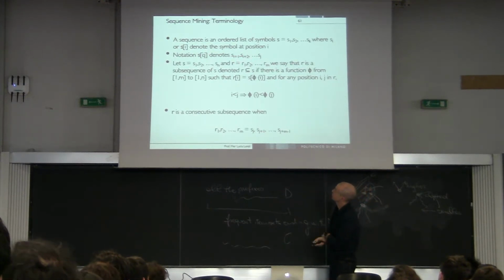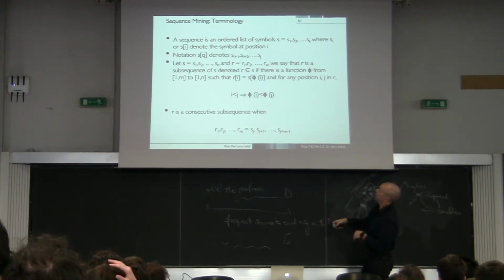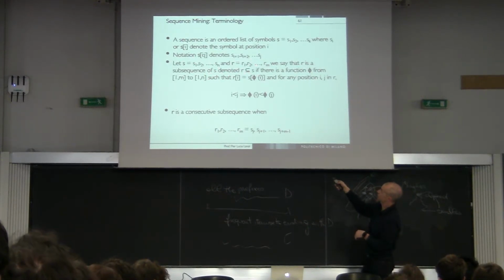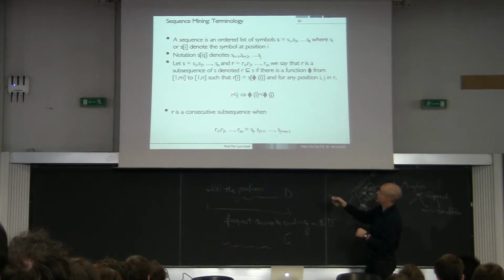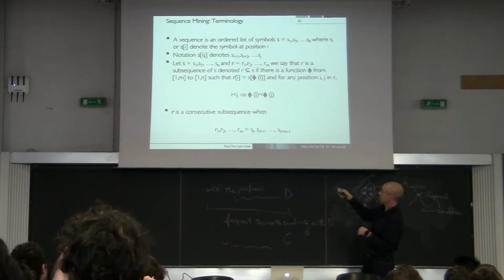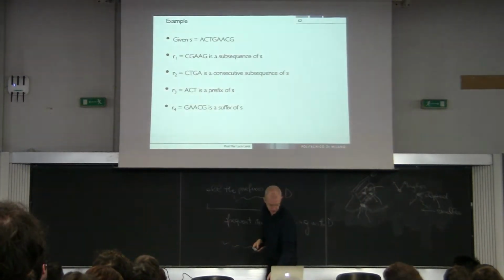This is your notation. But then if you have two sequences, S and R, then we say that R is a subsequence of S, and we denote it with the subset symbol. And so basically you are mapping the indexes of the subsequence R into the indexes of the sequence S. It looks really complex here, but actually these examples are much easier.